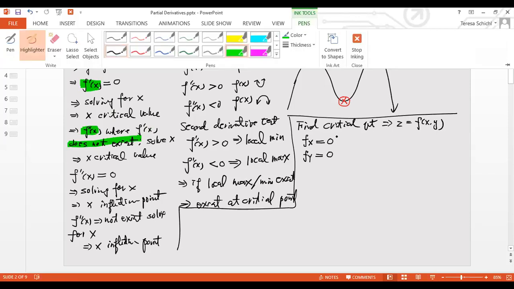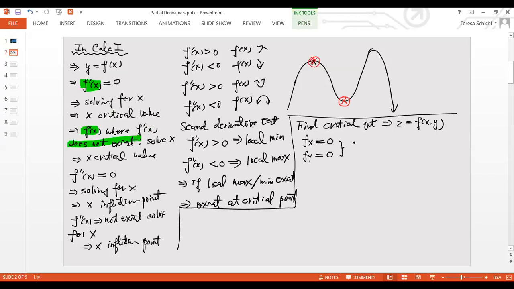So we do the same thing: solving for x, or at least one of the partial derivatives does not exist. Or both can, right? Then those are the critical points.